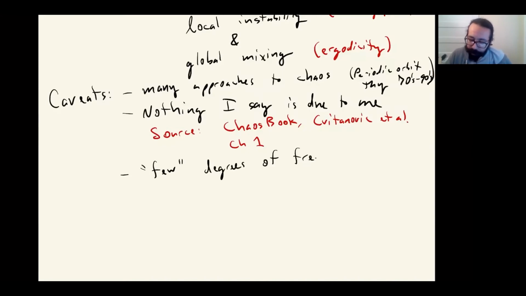So we're mostly going to focus on the case where it's not necessarily that our phase space, or our space of states, has some small dimension, but that the ones that are chaotic, the ones that we care about, are sufficiently few. There's not a lot of them. So this immediately throws out the window direct applications to, say, quantum field theory or turbulence or really exciting stuff in chaos.